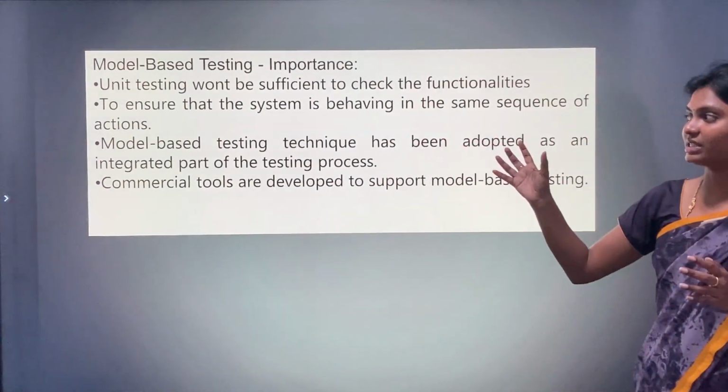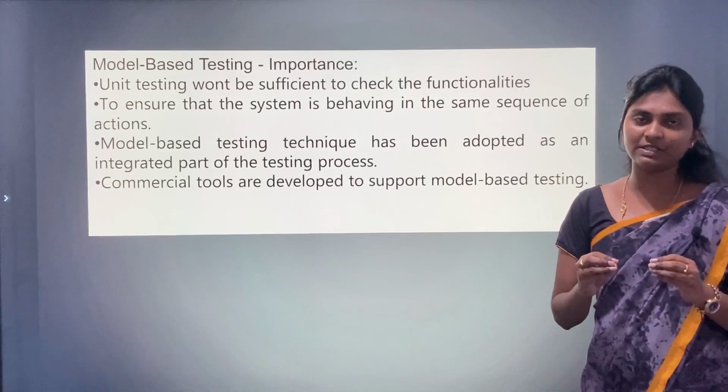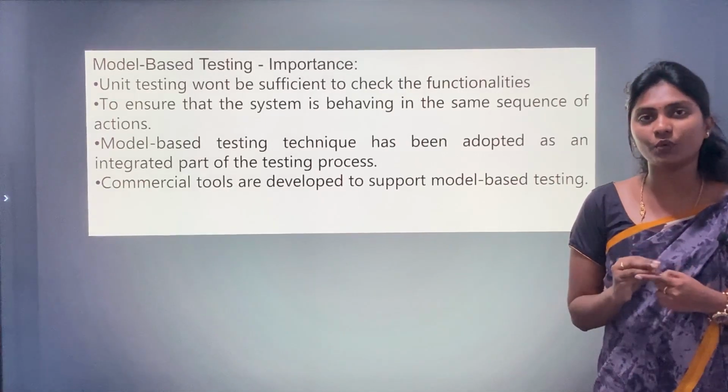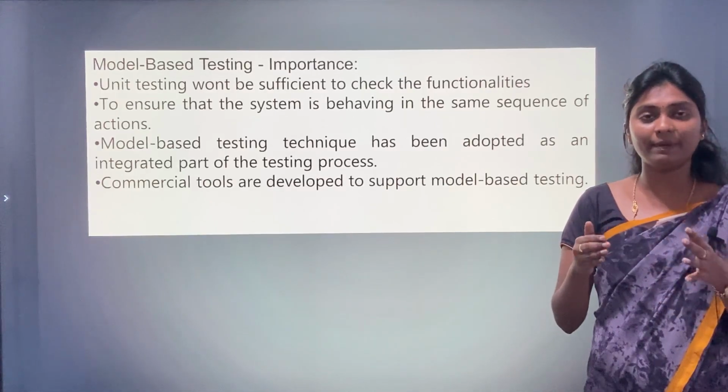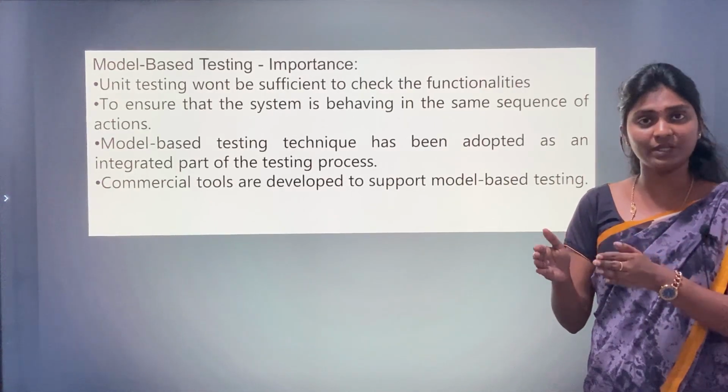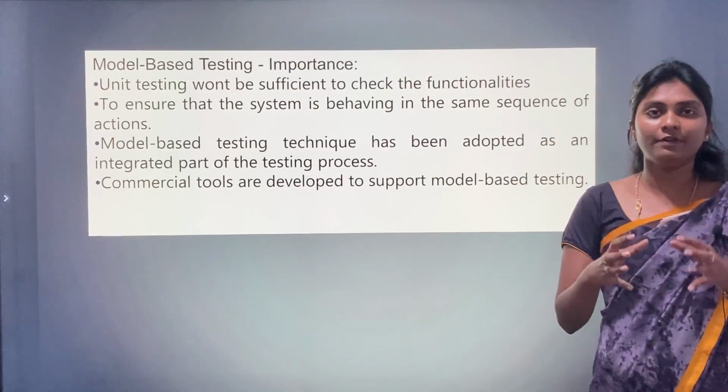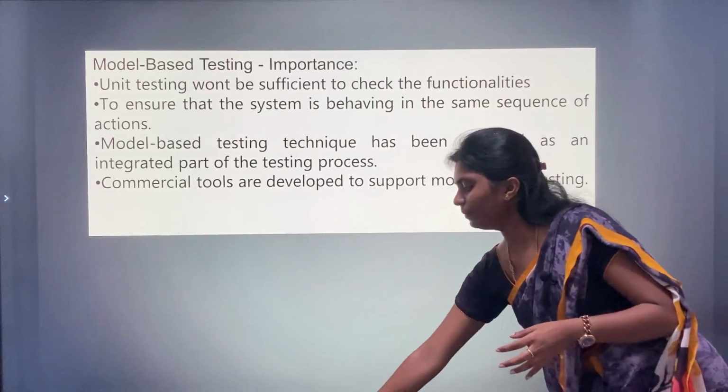So what is the main importance of model based testing? First, unit testing. Why are we implementing unit testing? Unit testing is nothing but independent units which are unique. We have to modify them.